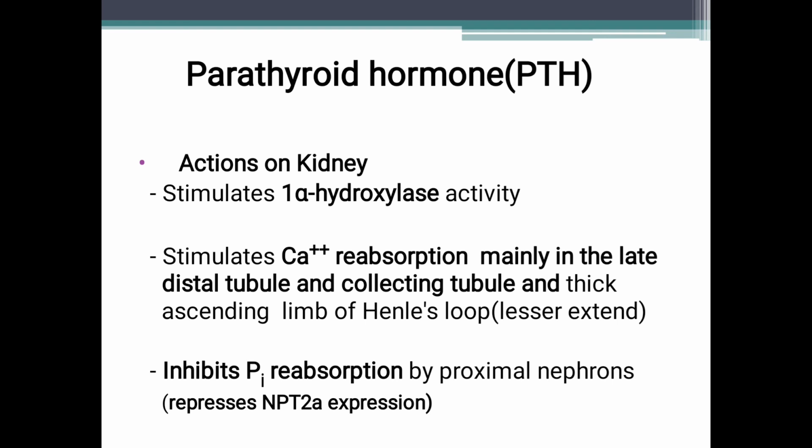We have already seen that parathyroid hormone stimulates calcium absorption mainly in the late distal tubule and the collecting tubules. It inhibits phosphate reabsorption by the proximal nephron. It represses the expression of sodium phosphate 2A, a sodium phosphate transporter.